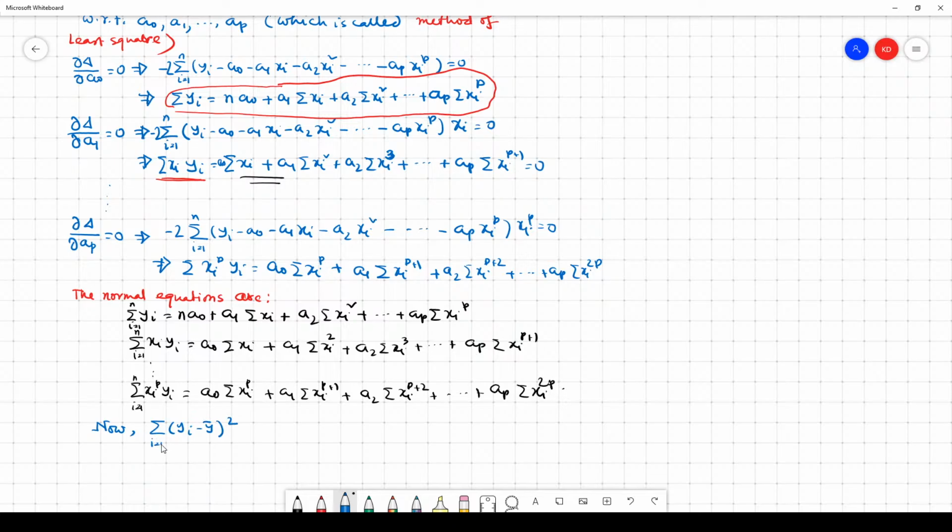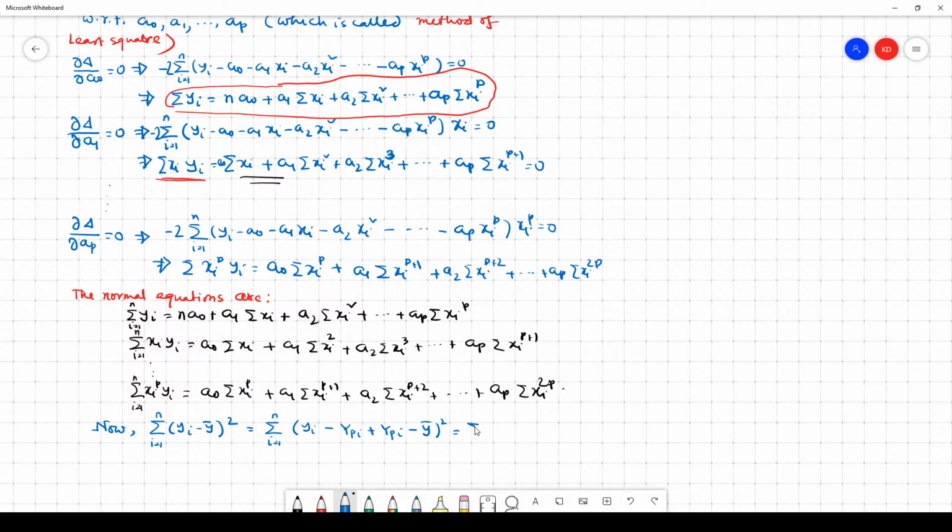Now this is the total sum of squares, summation yi minus y bar whole square, i from 1 to n. This can be written as summation i from 1 to n of yi minus capital Ypi plus capital Ypi minus y bar whole square.